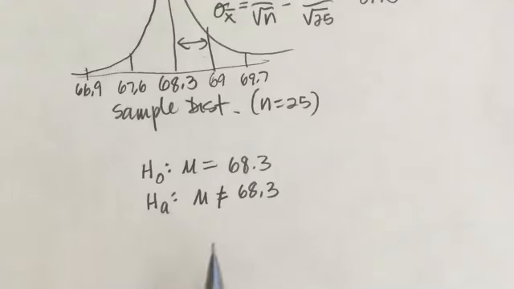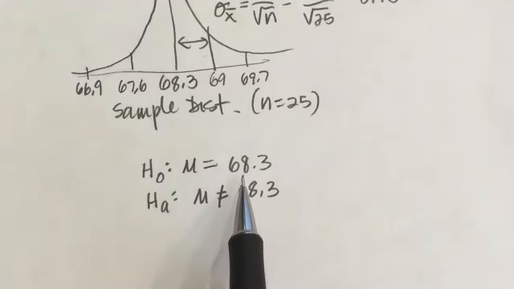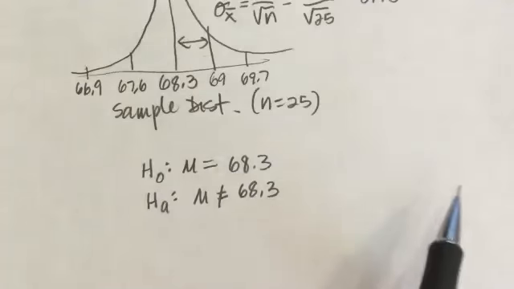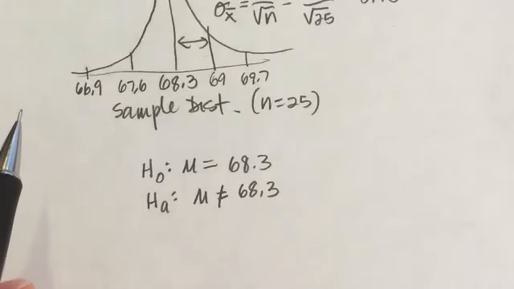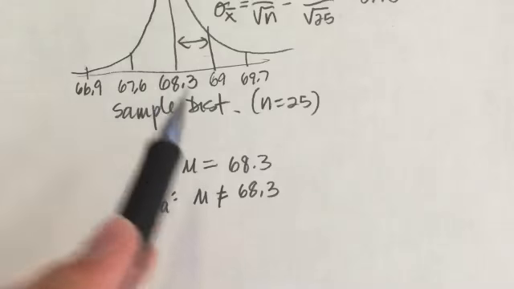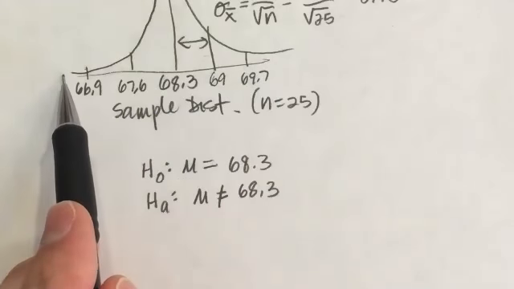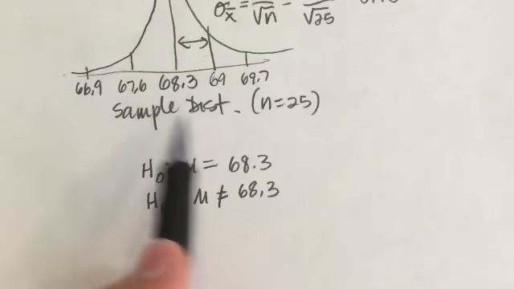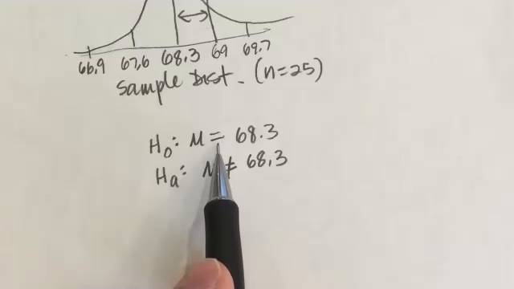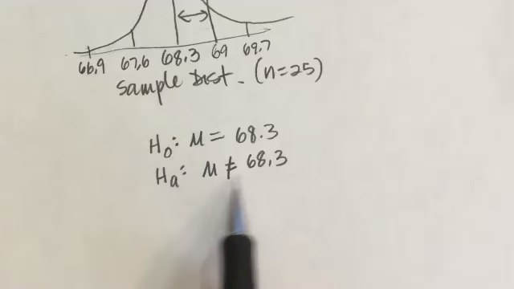This time we're just checking that it's not 68.3, which means it could be warmer or it could be colder. In the case of the pit stop times, we wanted to know if it was faster, so that's just one-tailed. This is two-tailed. If I'm too hot or too cold, then I'm going to claim it's not 68.3, and I'm going to reject the null hypothesis in favor of the alternative.